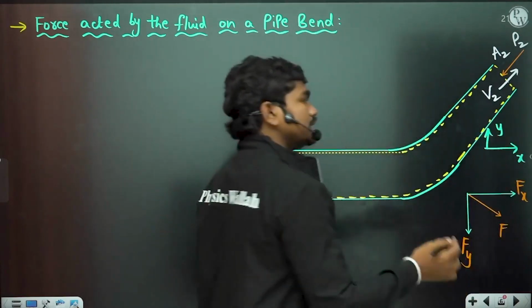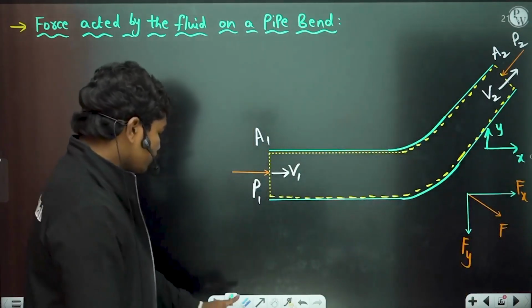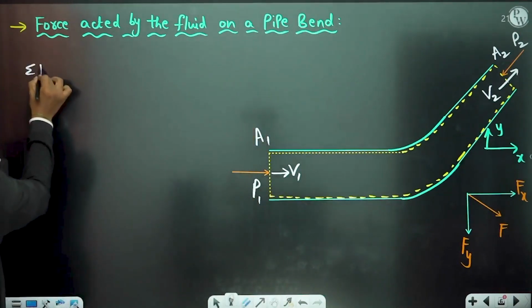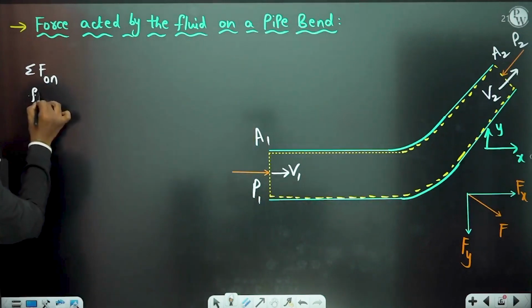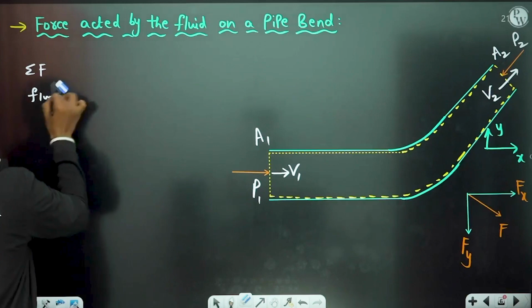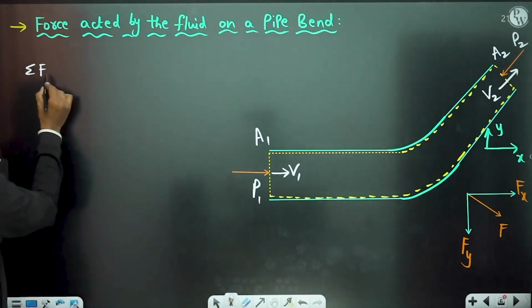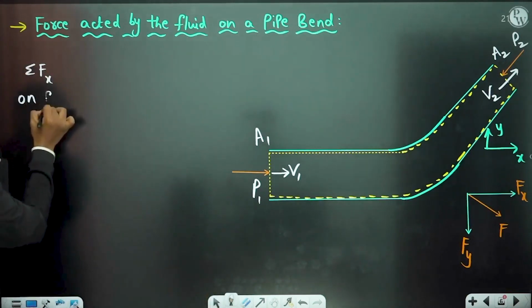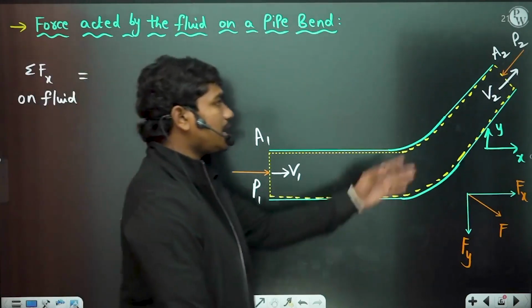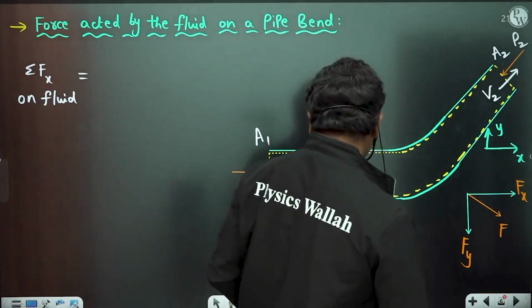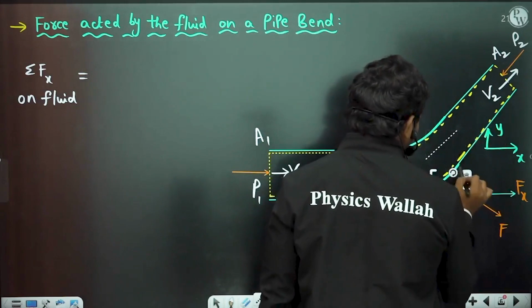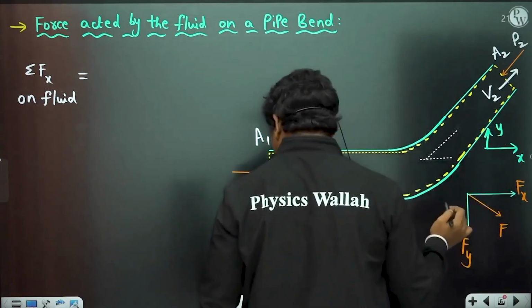So sigma F on fluid, in the x direction, sigma Fx on fluid is equal to, let us suppose the bend angle, the inclination of the bend, is theta.